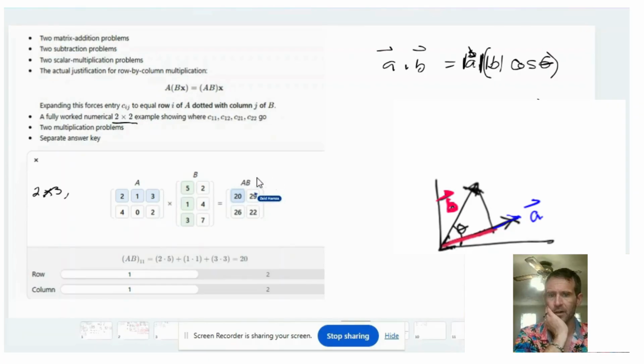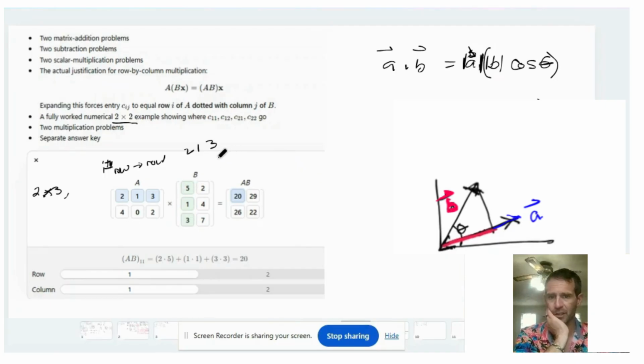Got it. So let's explain the ith, right? You're taking the ith row of A to get the 20. Let's go back to 20. The ith row here is row 1, 2, 1, 3. Just loosely speaking.